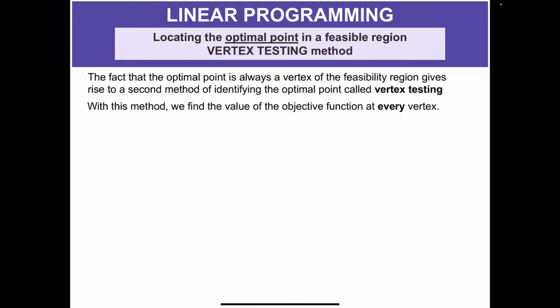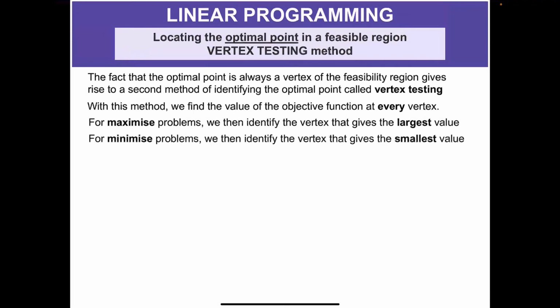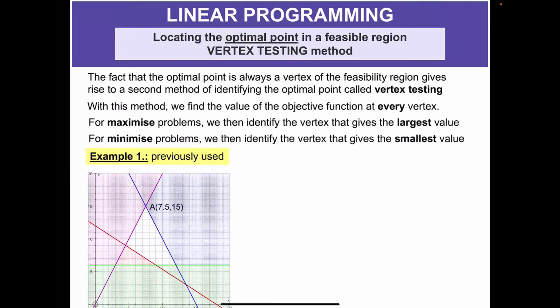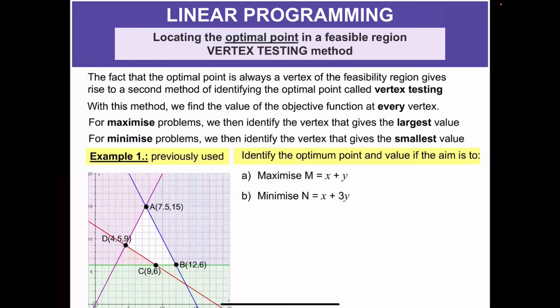That gives the way to the vertex testing method, because what I need to do is basically to test or to check every single vertex and to find out which vertex gives me the largest value or which vertex gives me the smallest value. It depends if I'm maximizing or minimizing the objective function. So if you look at this example that we have done before, we used this I think last lesson.